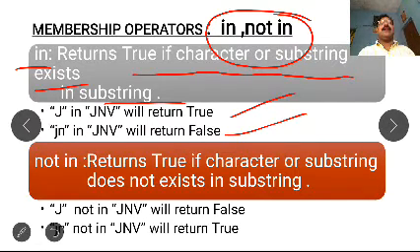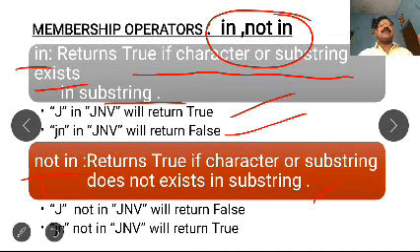Uppercase has another value, and lowercase has a separate ASCII or Unicode value. That's why this is returning false. The not in membership operator returns true if the character or substring doesn't exist in the string.